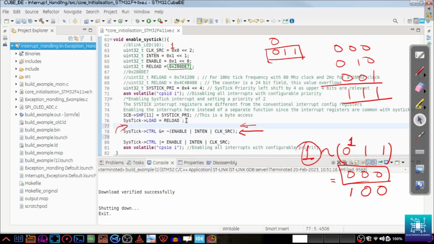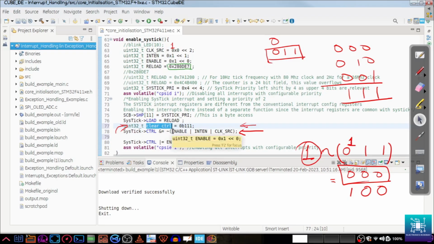That is, you can do uint32_t clear_ctrl and then set a bit pattern, say 0B111.